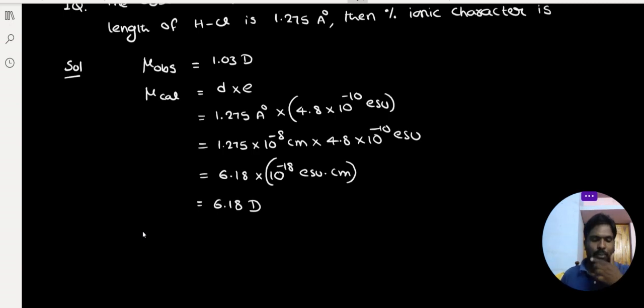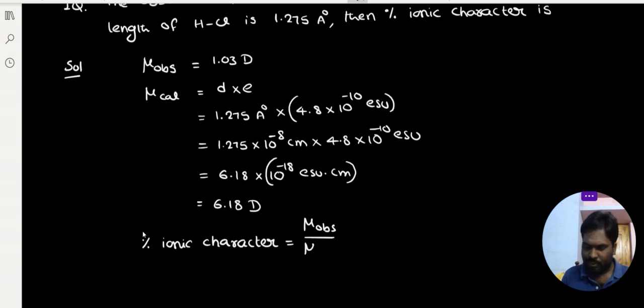Now, the observed dipole moment is in debye, and the calculated one we have already calculated in debye, 6.18 debye. Percentage ionic character equals mu observed by mu calculated into 100.